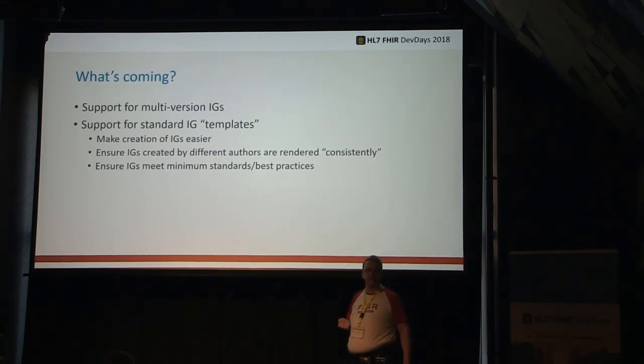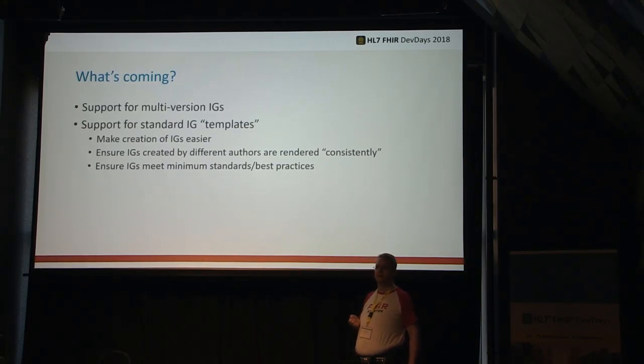So HL7 will have an official template, IHE will have an official template, and you can use one of those, or you can go off and create your own, or have somebody in your organization create one, and then you just use that for all of your IGs and have them have a consistent look and feel without needing everybody to worry about, well, somebody changed that file, so I need to incorporate that into my space to make things work.